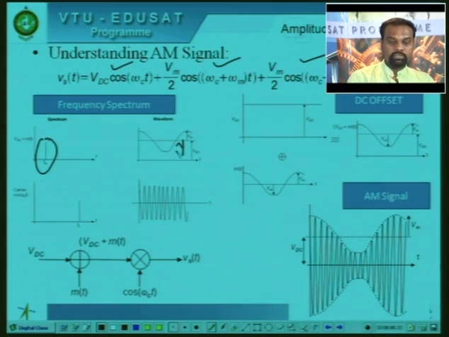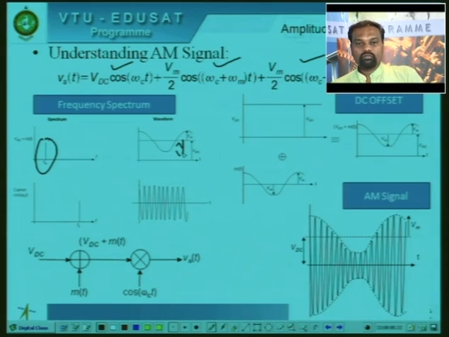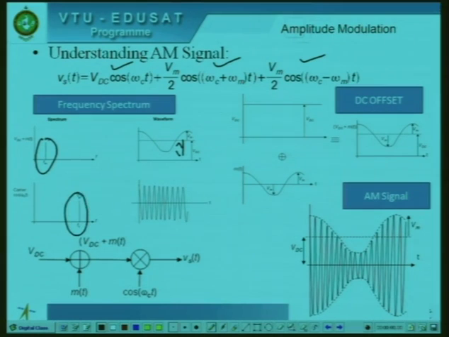Further, the carrier signal has a higher frequency, with a single spectral line. Now, when you multiply VDC plus m of t with the carrier, this is the representation of the AM signal, that is, the amplitude modulated signal.